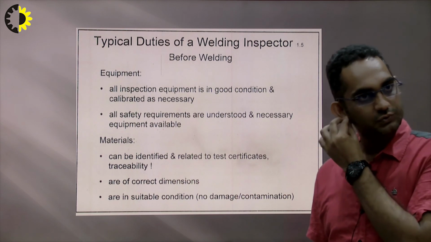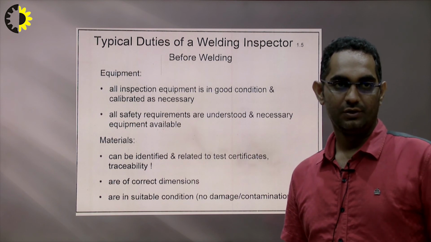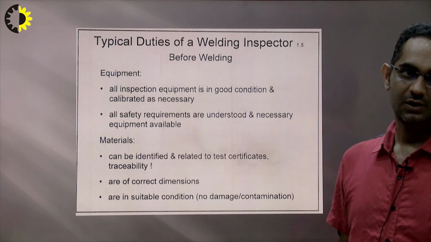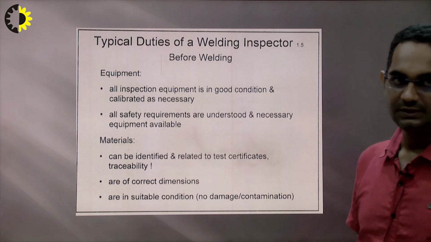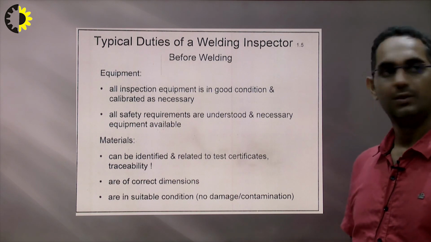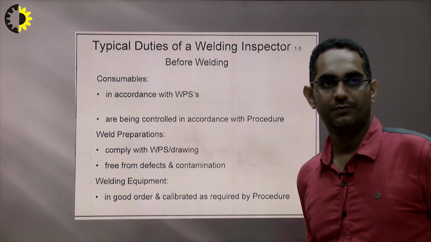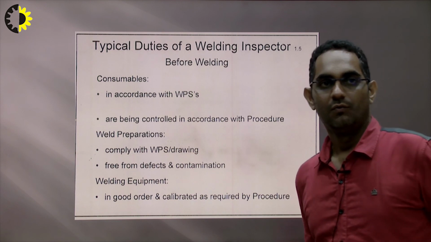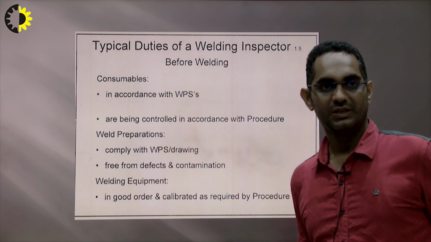Materials used can be identified and related to test certificates, traceability, are of correct dimensions and in suitable condition, that is no damage or contamination. Consumables are in accordance with the WPS and controlled in accordance with the procedure.